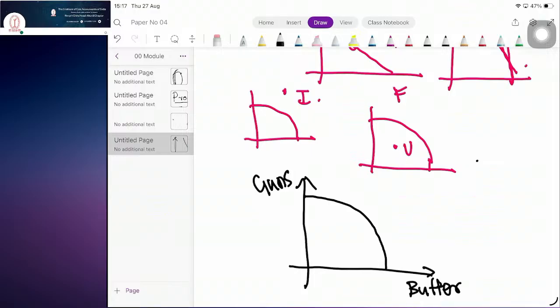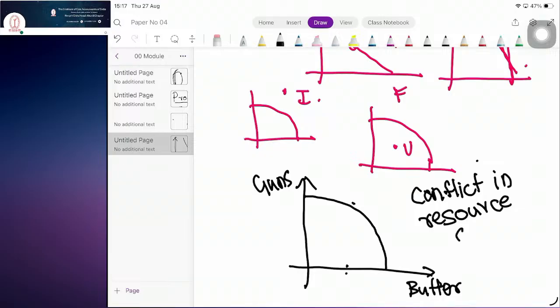So what this diagram shows is conflict, meaning there is an opposition between the two. Conflict in resource allocation.